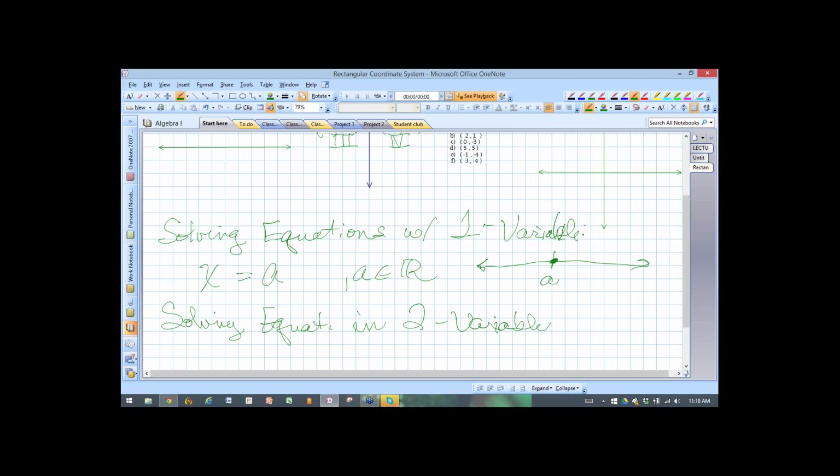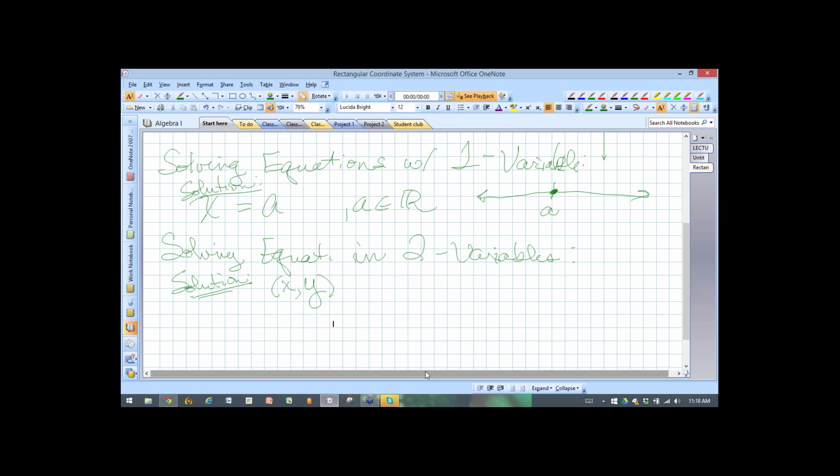As we progress with this, you guys, we keep it in alphabetical order for one thing. So the solution looks like this. Here was the solution for the one variable. The solution for these new ones, with the x and the y, looks like (x, y), where x and y are both elements of the real numbers.